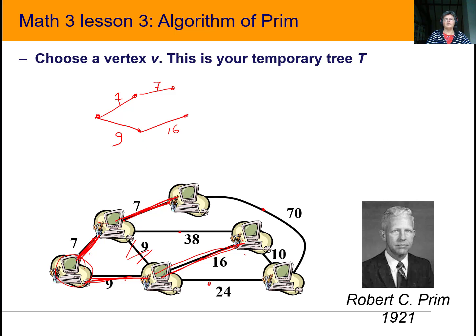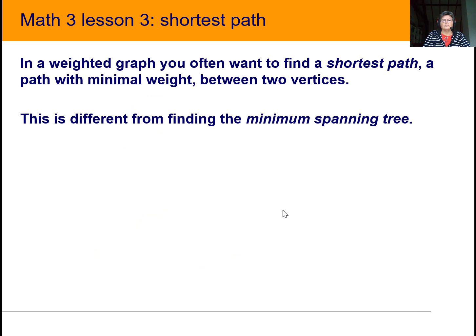And then again we find an edge with the smallest weight connected to the original tree, and that's this one. So in fact we should again have a spanning tree with a minimum weight, but the way we discovered it was a little bit different, and that's Prim's algorithm.